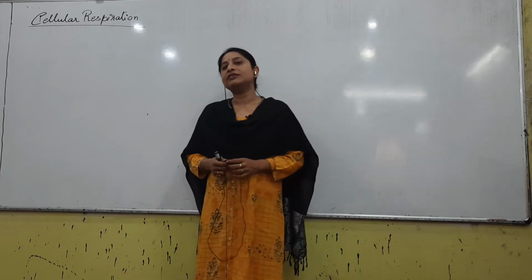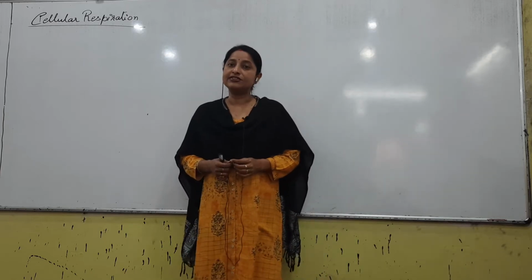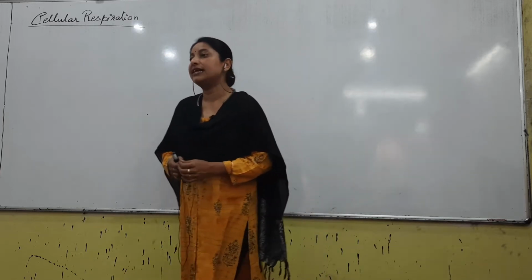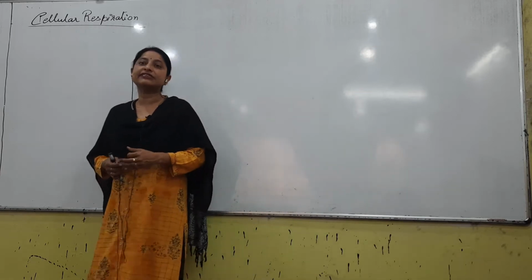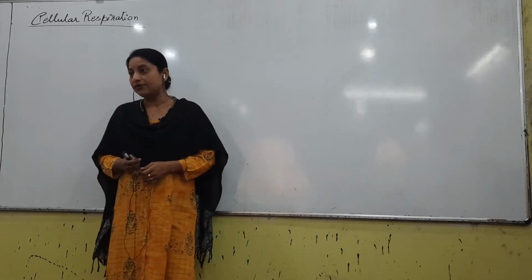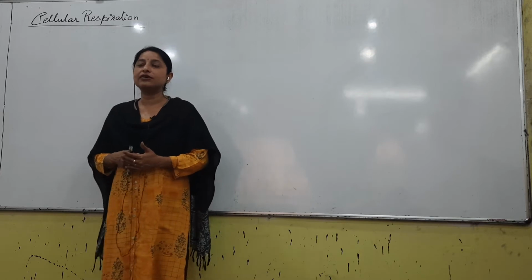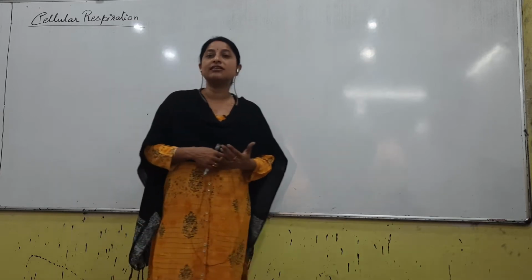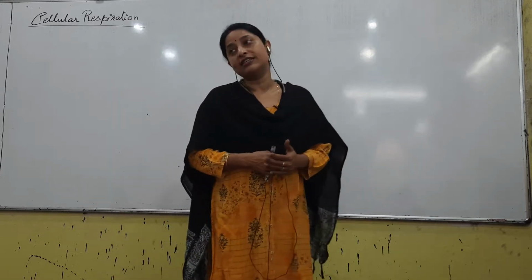Next, talking about the steps of respiration. Respiration has been defined or discussed under 3 steps. The first step being glycolysis, then the Krebs cycle, and the third step is terminal oxidation, right?